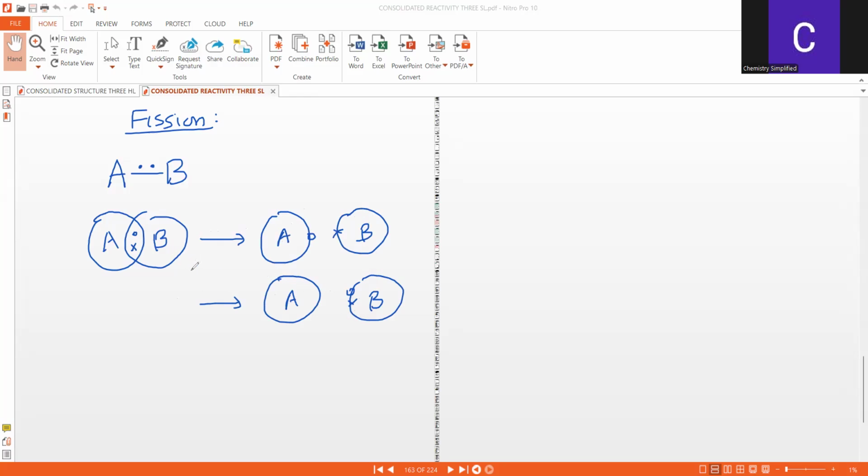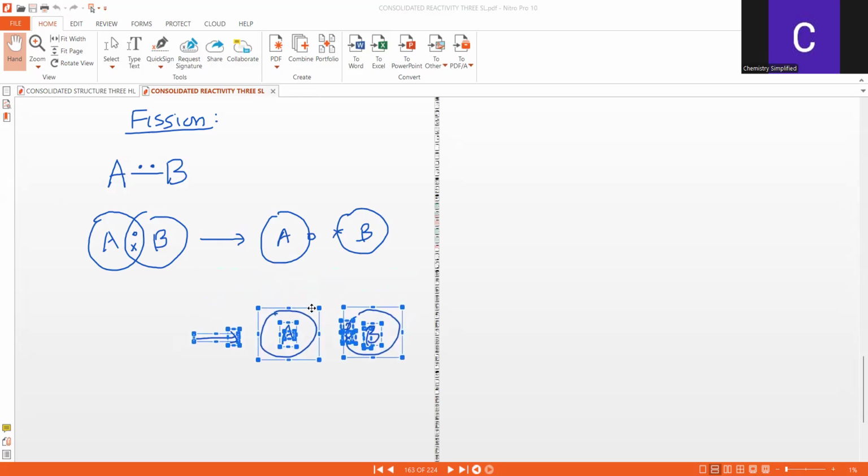In the first case, when the electrons are equally distributed between the two, that's called homolytic fission. And if one gets both, the other gets none, this is called heterolytic fission.